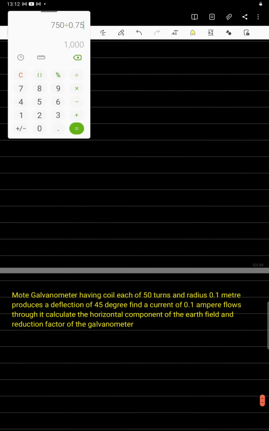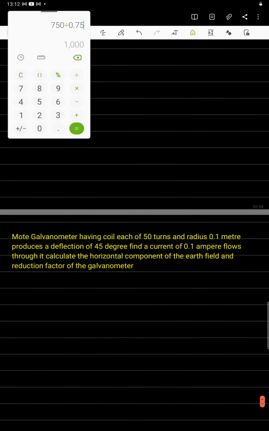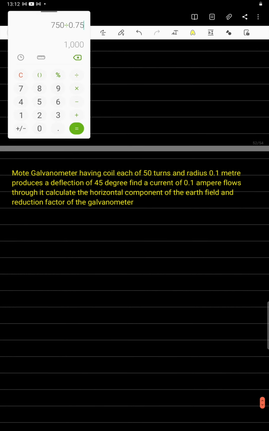And now we'll move to the next question based on the Helmholtz galvanometer. The question is: the Helmholtz galvanometer having coils of 50 turns each and radius 0.1 meter produces a deflection of 45 degree when a current of 0.1 ampere flows through it.